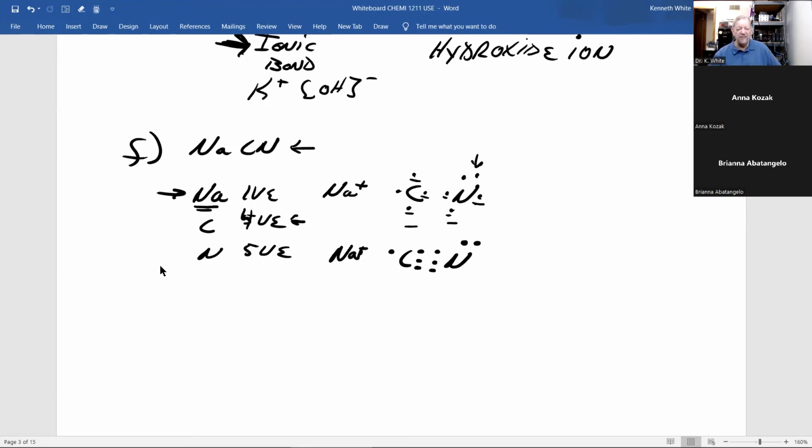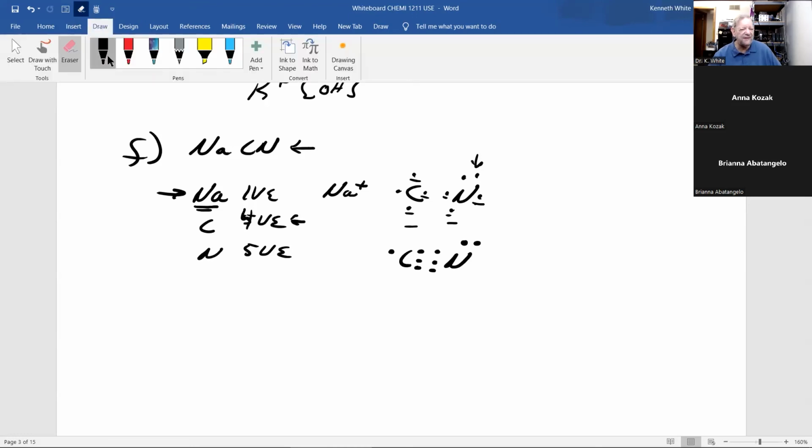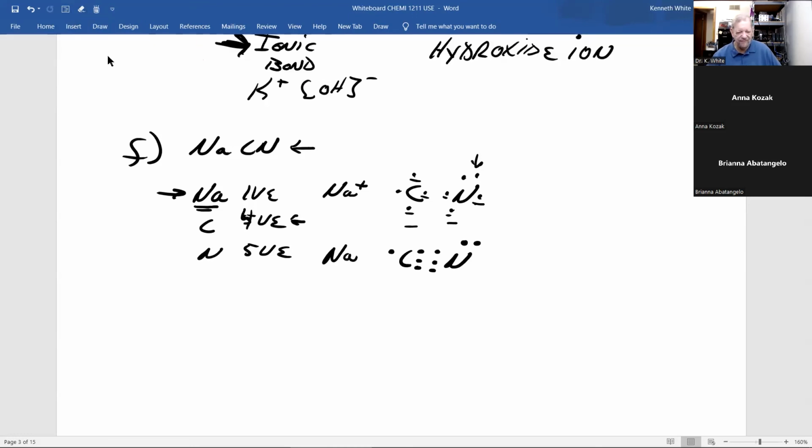Now, sodium has a plus charge. Let's try this again. But if you look at carbon here, it has only 7 valence electrons. That's not right. Should be 8.